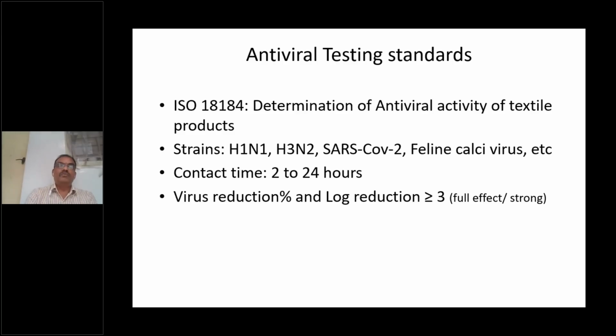With the shortest time, if you are able to achieve a higher percentage of virus reduction and a log reduction above 3, then it is a clear antiviral product. The test report should be like that. In our case, I could proudly say that we tested our product for only 2 hours contact time, with both H1N1 and SARS-CoV-2, and we got 99.9% virus reduction and a log reduction value of 4.71.